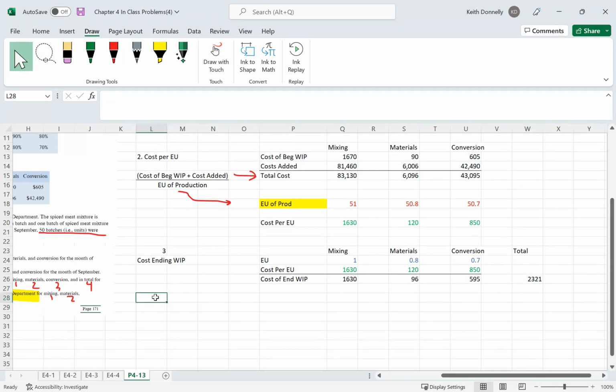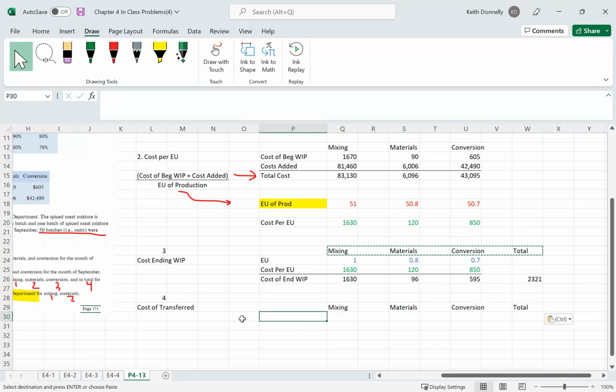So for 4, we're looking at the cost of those items we transferred out into the next department, again for mixing, materials, conversion, total. So maybe I'll just carry this down to make it a little more explicit, and I'll move this down.